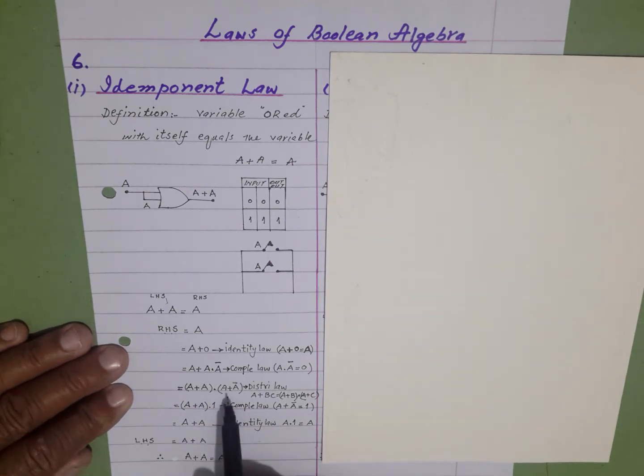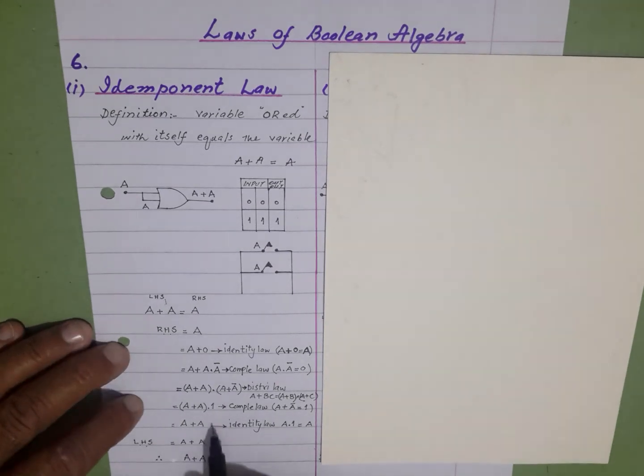And in place of A plus A bar we can write 1 with the help of the complement law. A plus A bar is equal to 1. When a variable is ORed with its complement, the output is 1, and this we have written as 1.